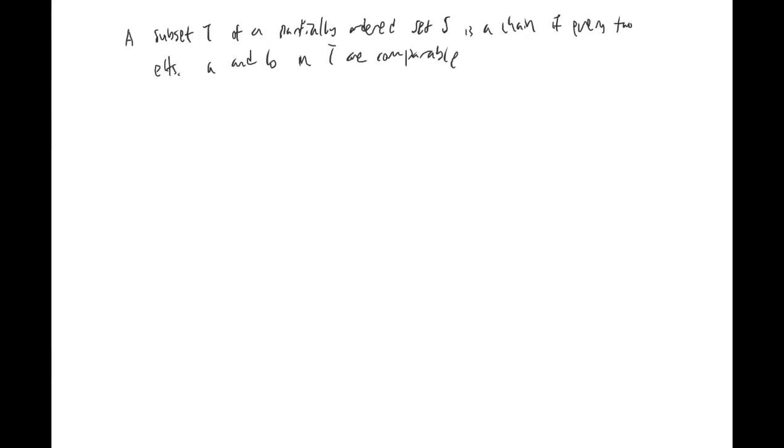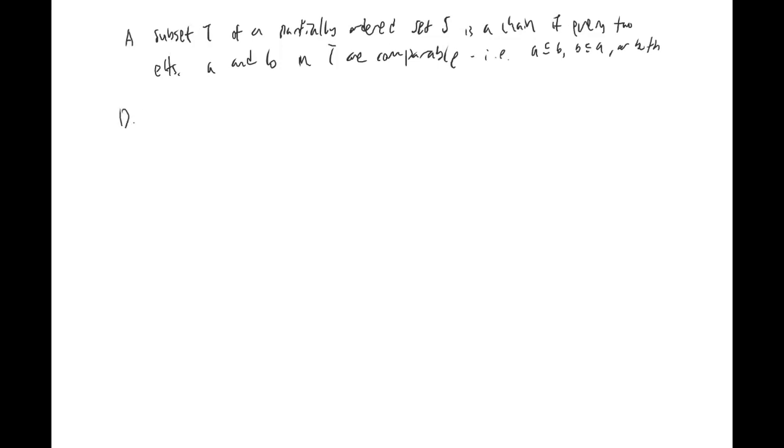So it's a subset, because not everything can be compared, but if we take a subset of those, it's possible that all of them could be compared. That is, for any two elements, A is less than or equal to B, or B is less than or equal to A, or both. If it's both, then it just means they're equal.